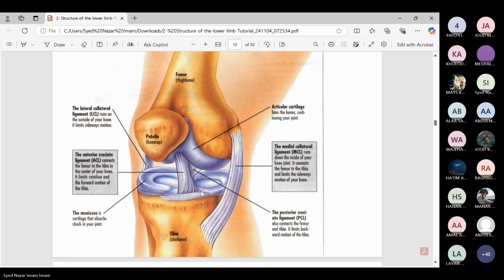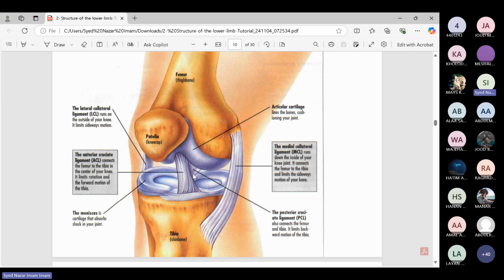So why are we calling one anterior and one posterior? The classification here is based on their attachment on the tibia. So the one which is attached anteriorly on the tibia, we call it the anterior cruciate ligament. They are not named because of their attachment on the femur.